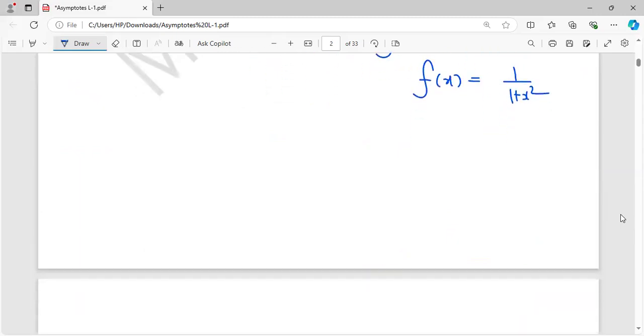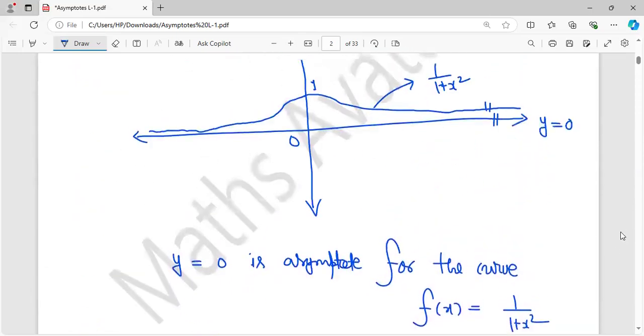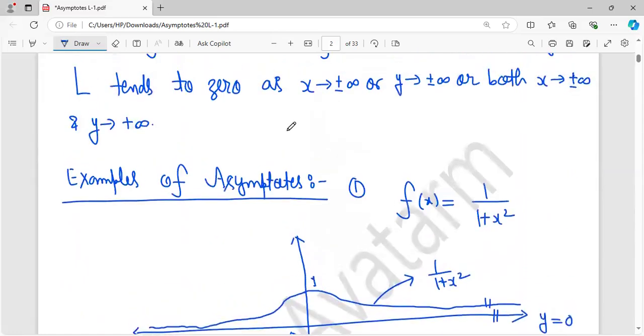Now second example, we are going to take this function: y is equal to 1 plus 1 upon 1 plus x square.